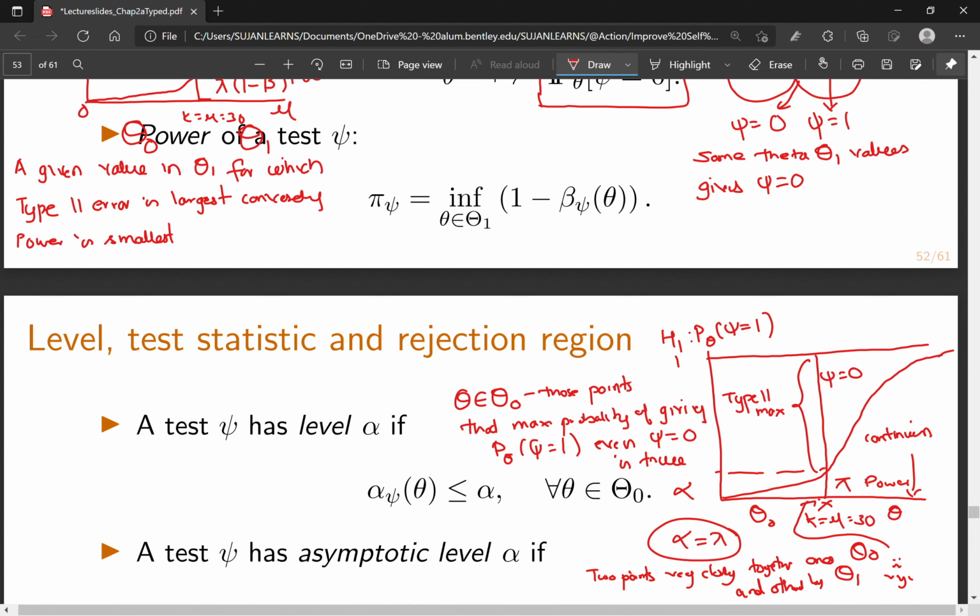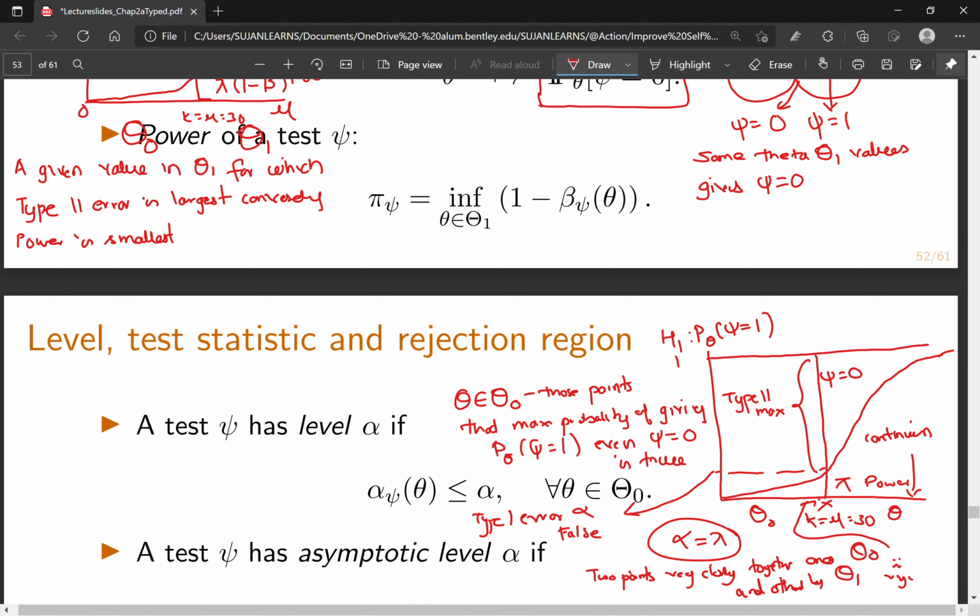One has the maximum probability of giving you the type 1 error, which is a false discovery. Type 1 error, alpha, is a false discovery.